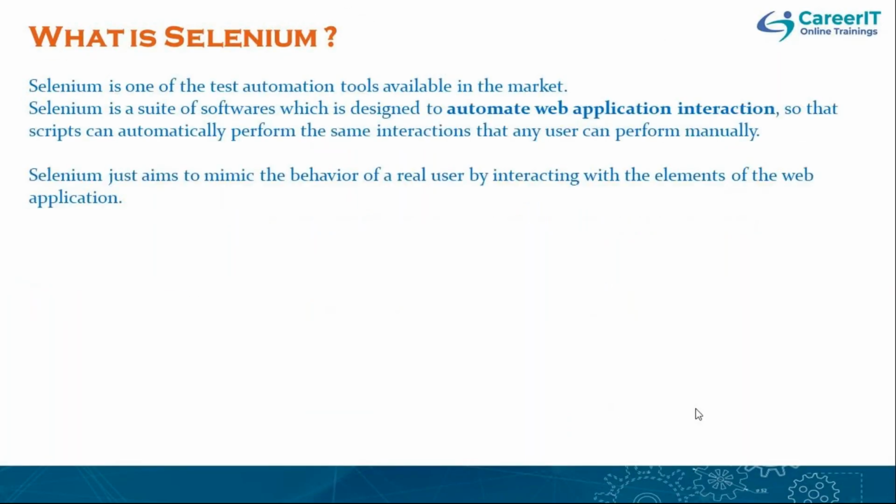Just a moment. So this is what we are discussing. Selenium is not a single tool. It has four different components, and the main purpose of Selenium is to automate web application interactions so that the scripts we write automatically perform the actions the way a real user does, like clicking buttons and entering text into text boxes.